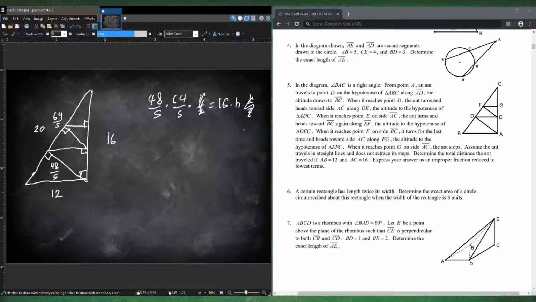So using our calculator, 48 times 64 divided by 25 divided by 16 equals 192 over 25. So 192 over 25.